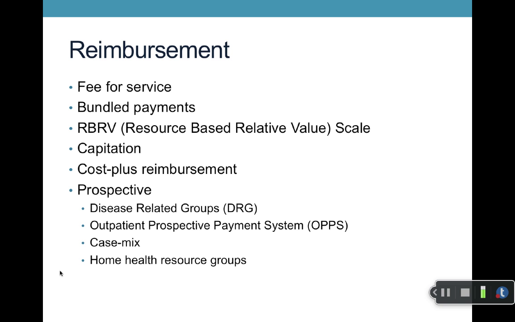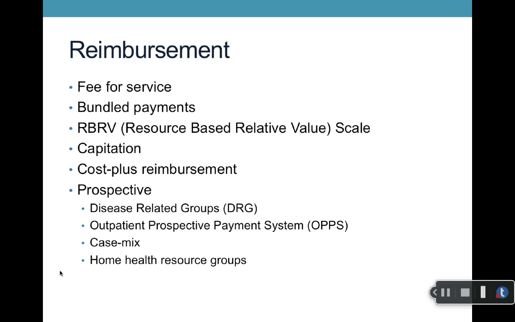The provider then sends a request for payment to the health insurance company for a particular service that has been done, and the health insurance company pays the provider back for that service. For every individual service, it is an individual transaction, and this was kind of the old model. The fee-for-service model was the old model of health insurance reimbursement.